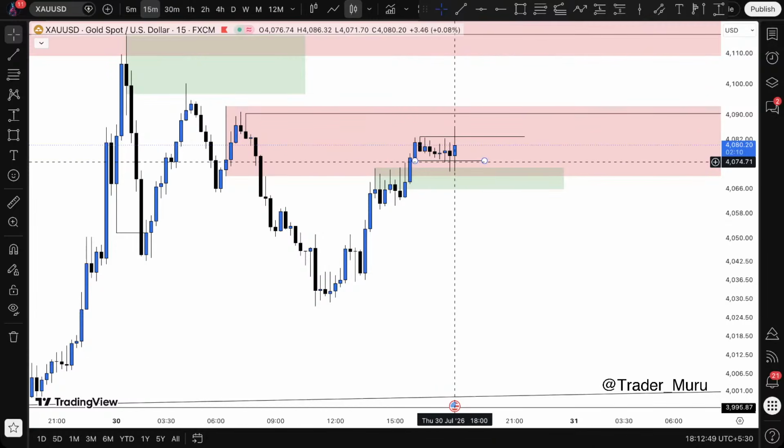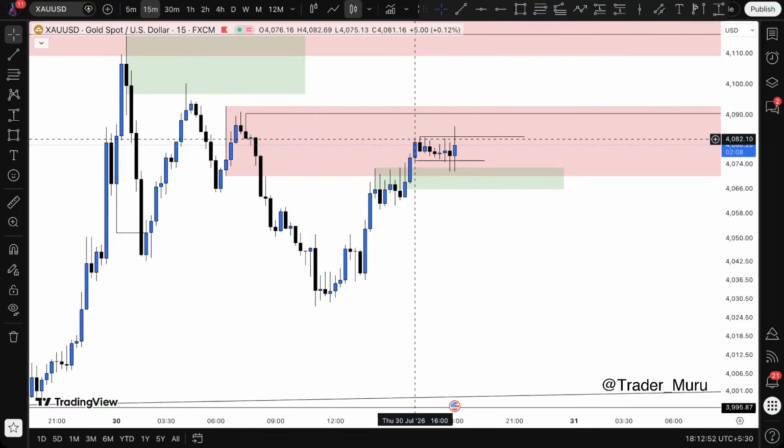Still no break. Consolidation in a single candle.